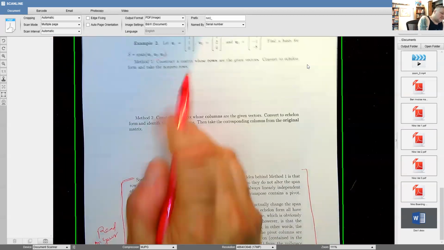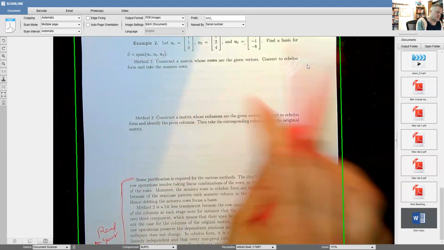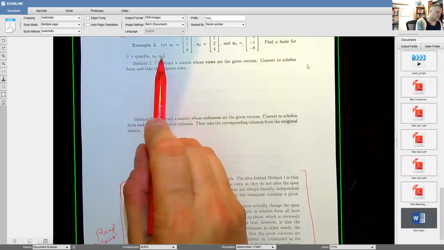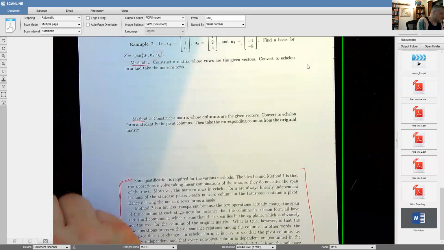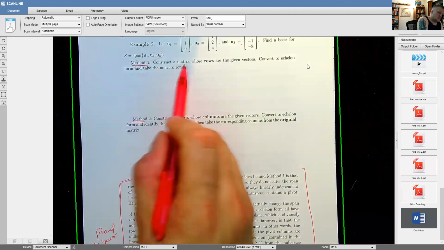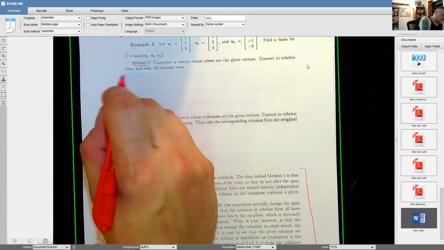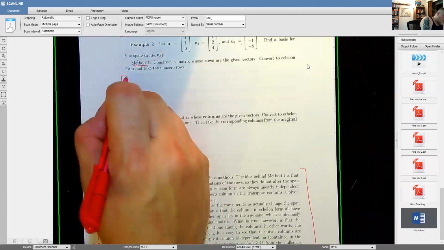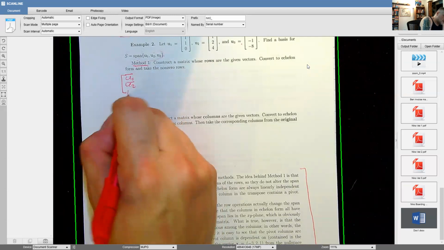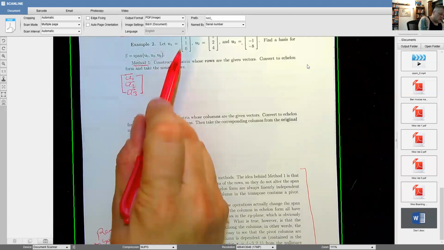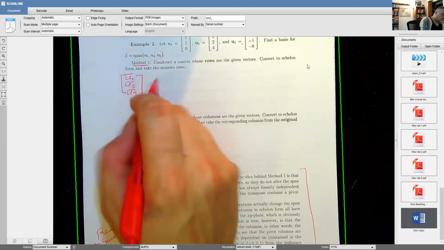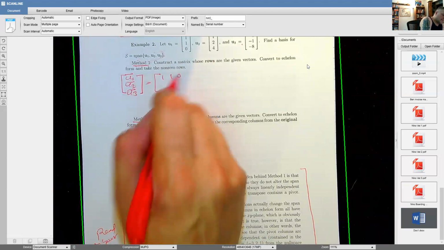But if I gave you these 3 vectors and I want to find the basis for the span, there are 2 approaches you can take. So one approach is to construct a matrix whose rows are the given vectors, right? So symbolically, I'm forming a matrix using U1, U2, and U3 as rows, right?